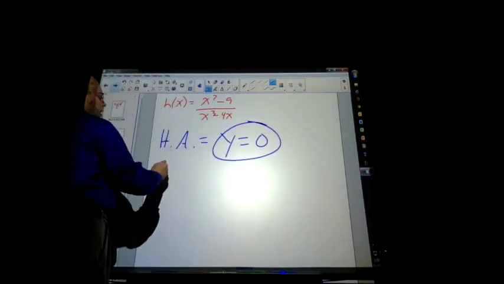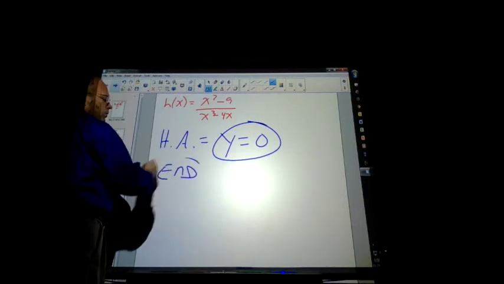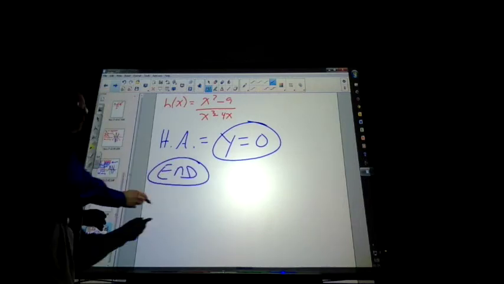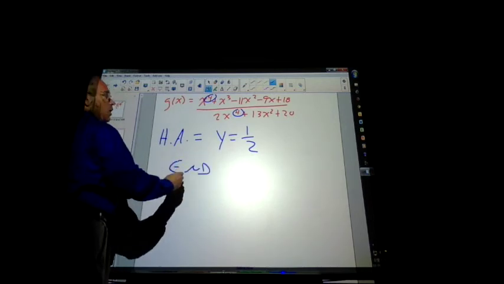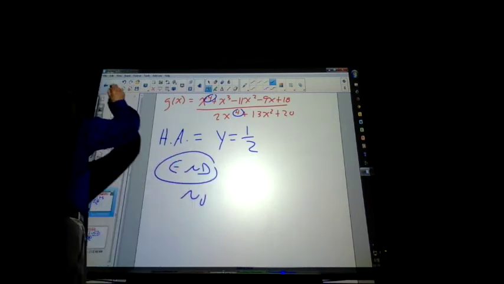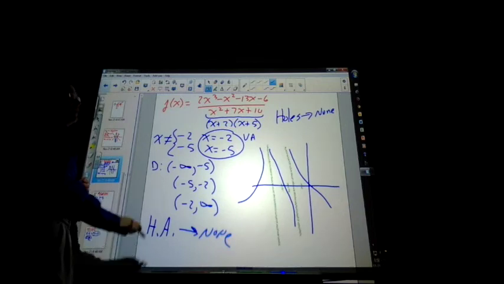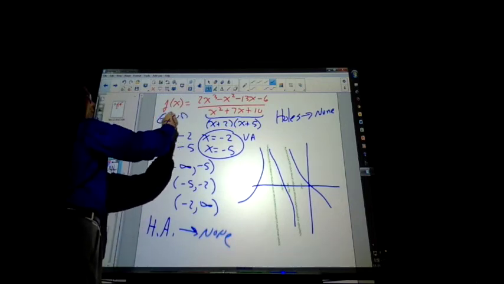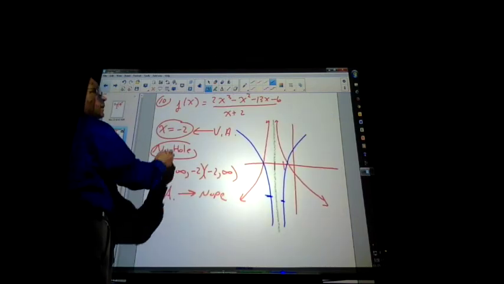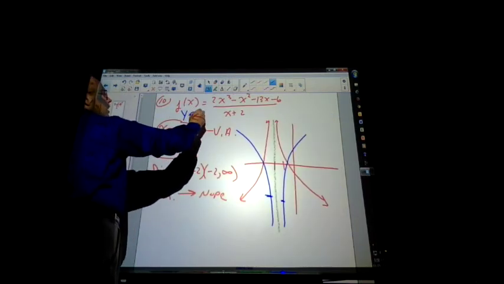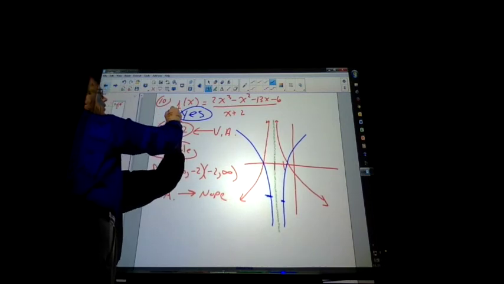Is there end behavior on this one? Is there an end behavior asymptote here? No. Is there an end behavior here? No. Is there an end behavior on this one? Yes. Okay. Is there an end behavior on this one? Yes. Why is there end behavior?